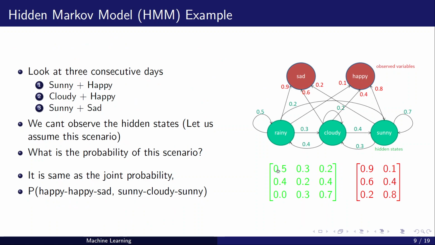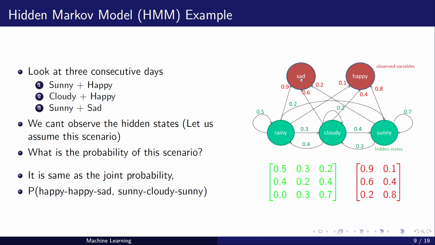Here in the green matrix I have shown the transition probabilities, and in the red matrix I have shown the observable variables probabilities.